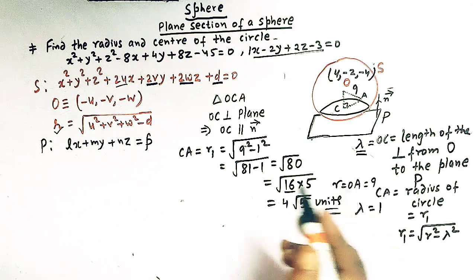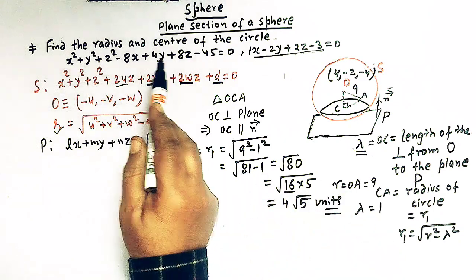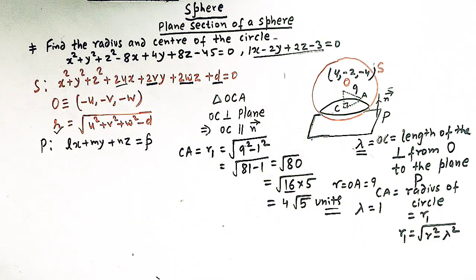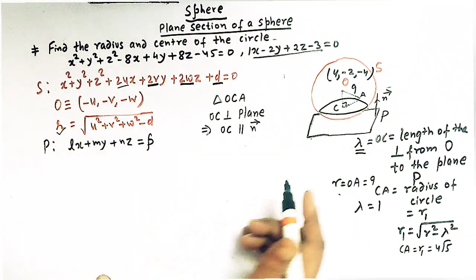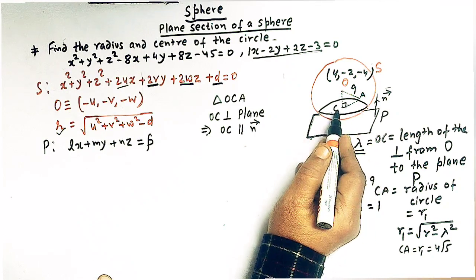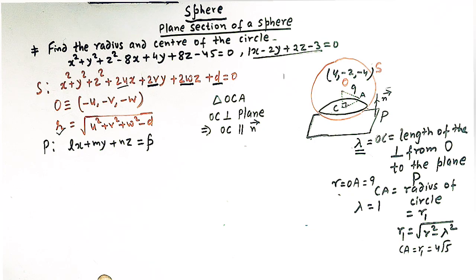So now we need to find out the center of the circle C. To get the center of the circle, we have to make use of the concept of the symmetrical form of the equation of a straight line, right?